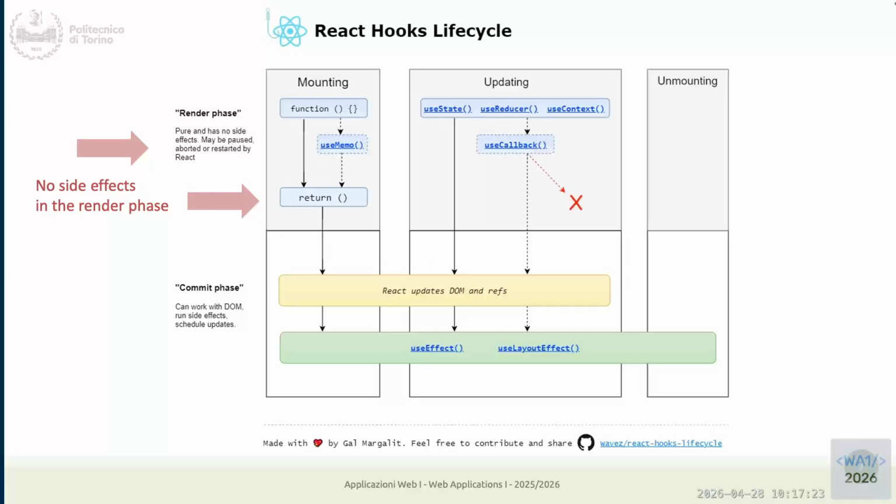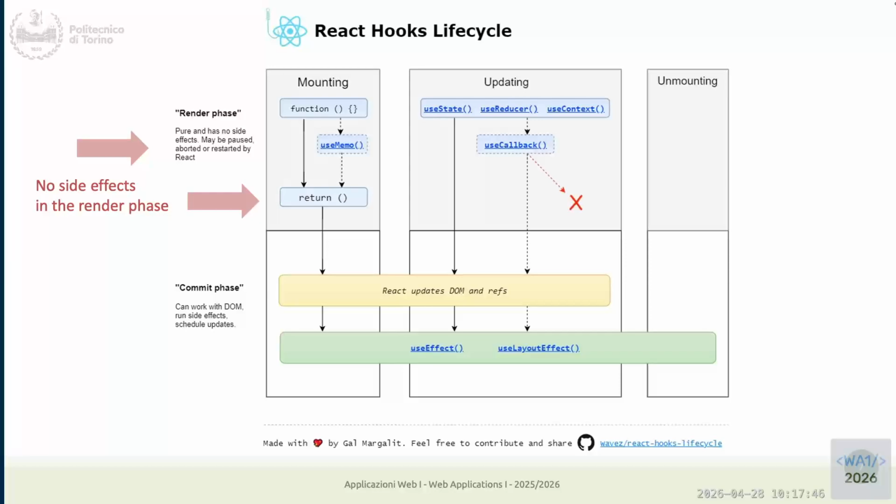During the render phase, we said we always must be functional, so everything we do must be totally repeatable. In our jargon, we say that a functional component must never have a side effect.